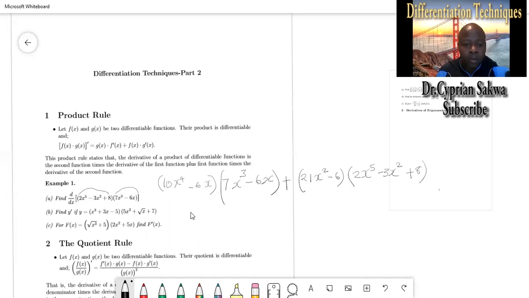So at this point, what we need to do is expand what we have. Multiply this with that, and then plus this times that. So 10x raised to 4 times 7x raised to 3 will get 70x raised to 7.